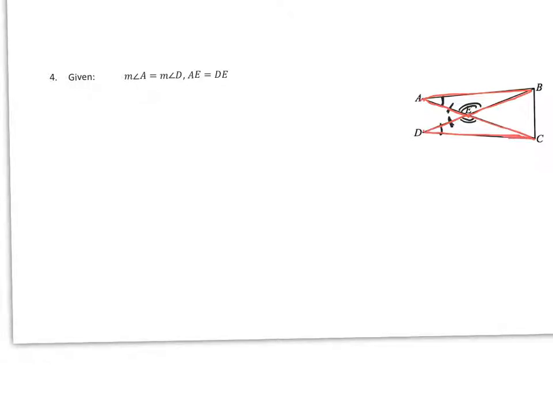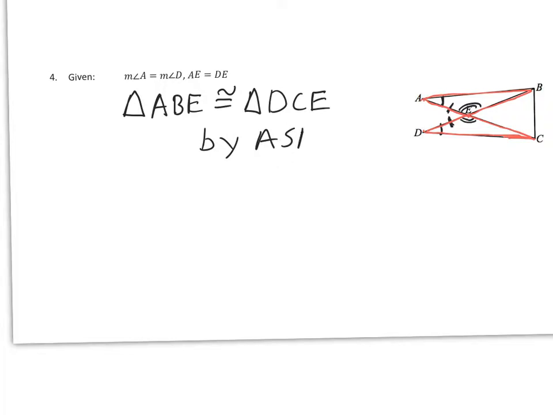Okay, so I can write that triangle ABE is congruent to triangle DCE, and by the angle side angle criteria. Number 5 we're going to skip, so we'll end the video here.